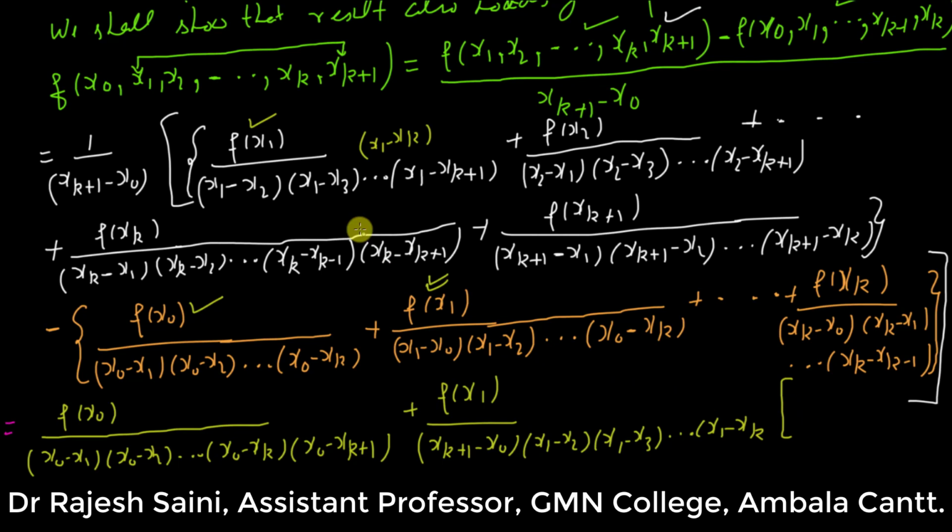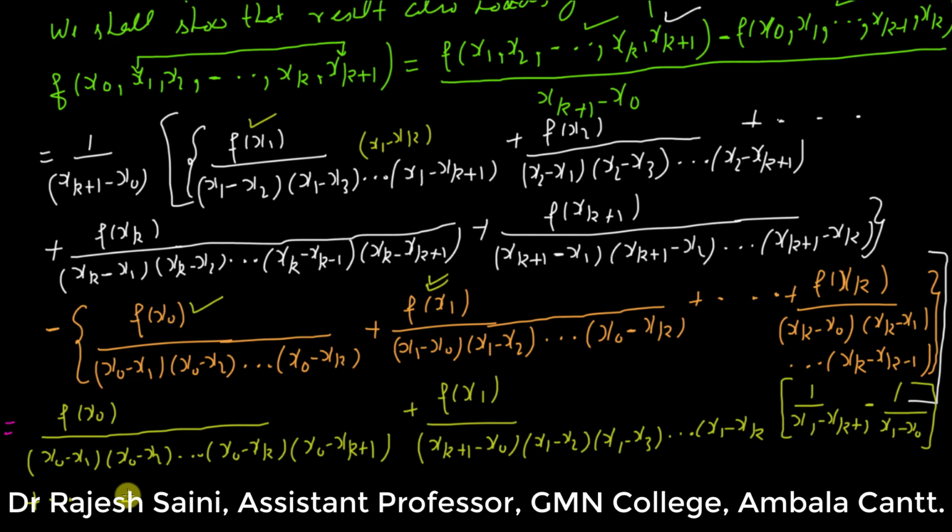And inside we are left with 1 by x1 minus xk plus 1 minus 1 by x1 minus x naught. Fine.